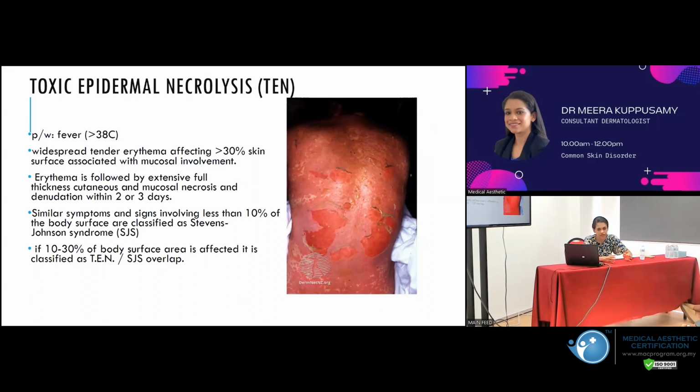That means it's somewhere in between, but of course it can progress to full-blown TEN. The skin looks like it's burnt and then it starts to come off. You just have to touch the skin and the skin can come off. Mucosa is most of the time involved. And it has not only morbidity, mortality is also pretty high.